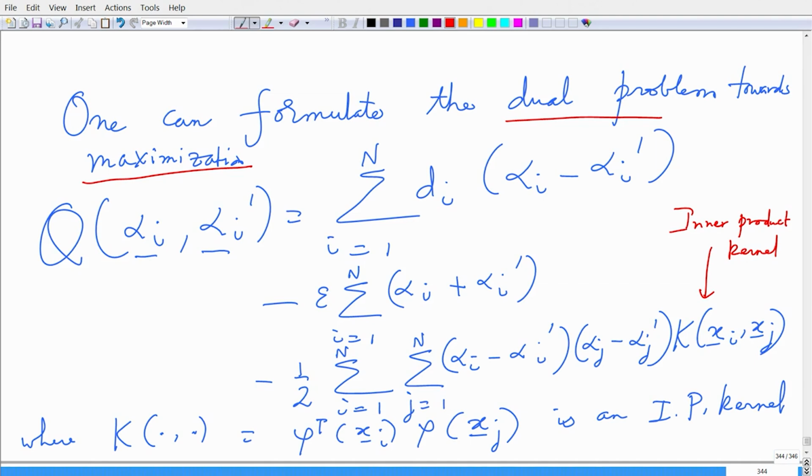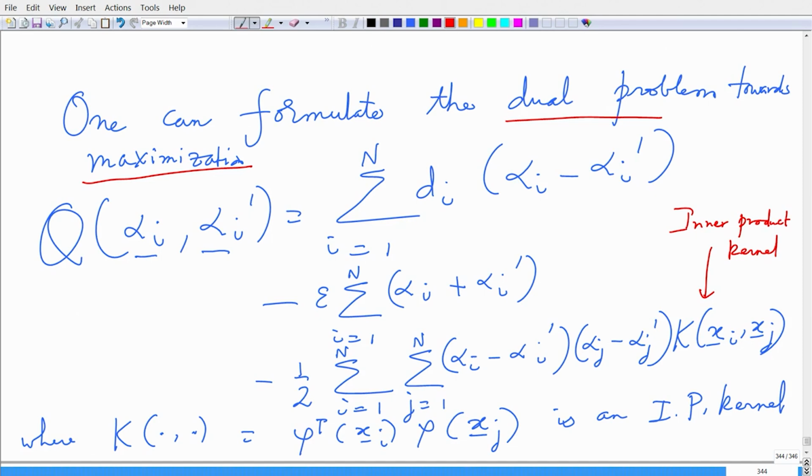It is very straightforward: by computing the partial derivatives of the Lagrangian of the primal problem with respect to the parameters, I fuse that into the primal problem, and I rearrange to get the dual problem. I want to minimize something there, and here I want to maximize something by taking the negative of the cost of the primal.